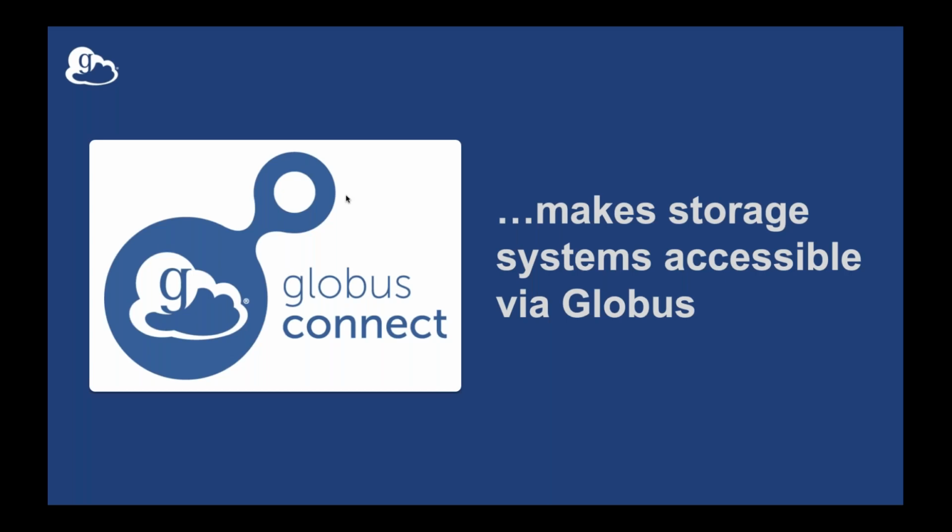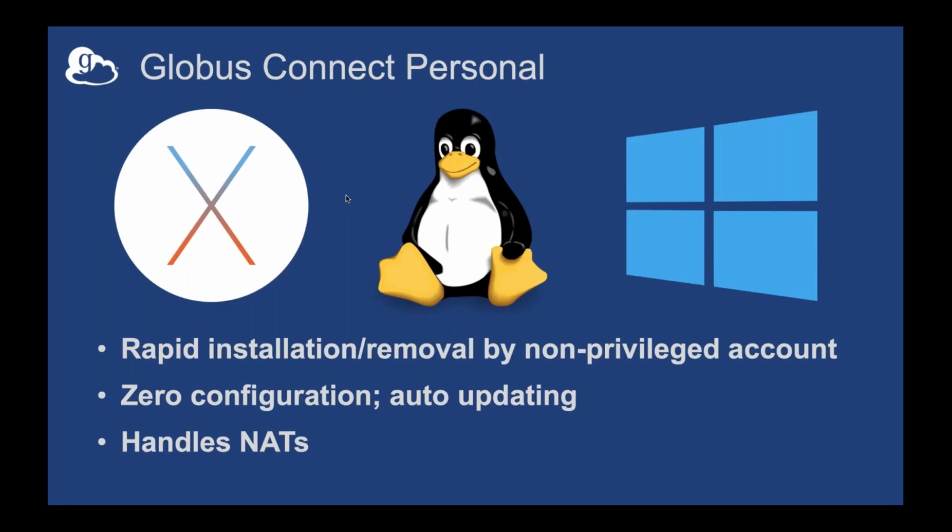But let's go on and say a bit more about this Globus Connect system. So Globus Connect is the software that you install on your computer to make the storage system on that computer accessible via Globus. And there are two versions of this. There's a Globus Connect Personal, which I run on my laptop. You could run on your laptop. It's designed for use by a single person.